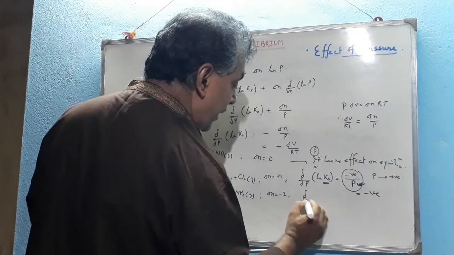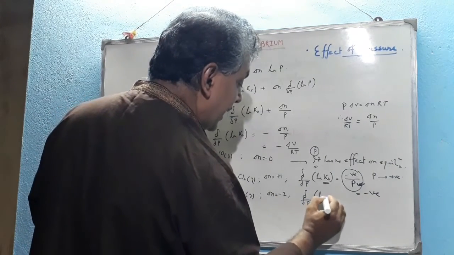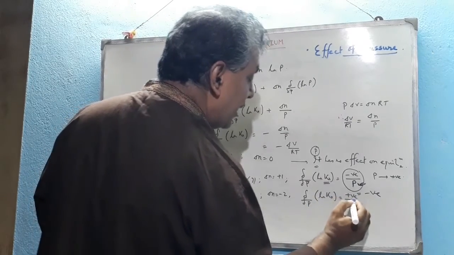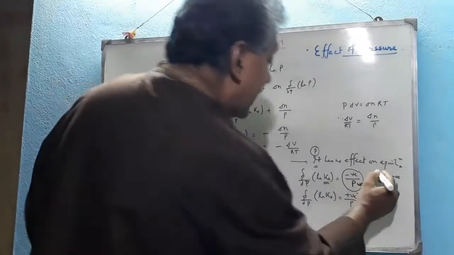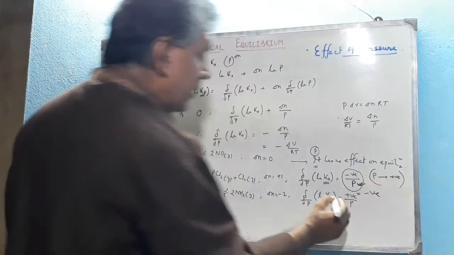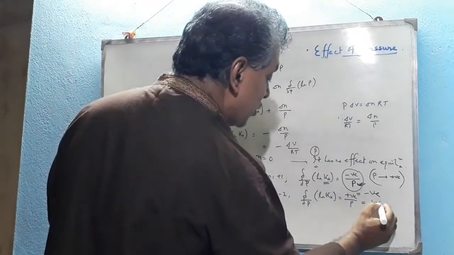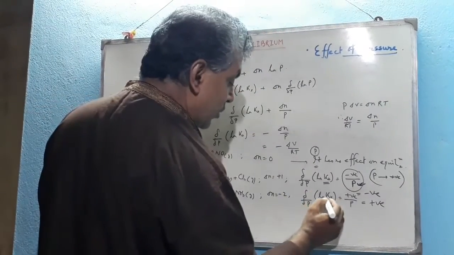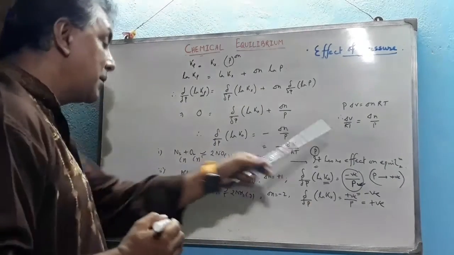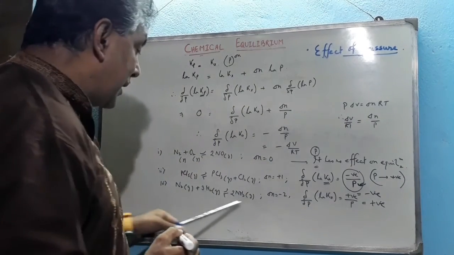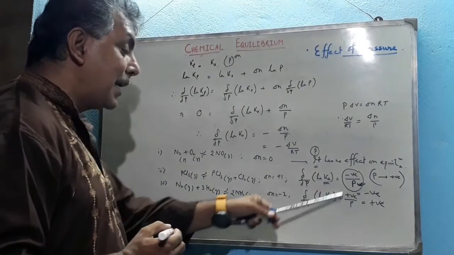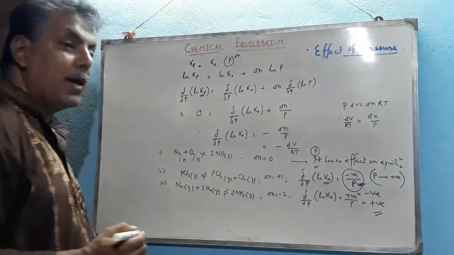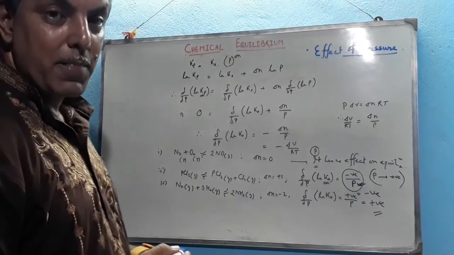So ∂/∂P of ln Kx equal to positive divided by P. If we increase the pressure, it remains positive. So you can say that with the increase of the pressure, the rate of forward reaction increases. That means the rate of formation of ammonia increases.